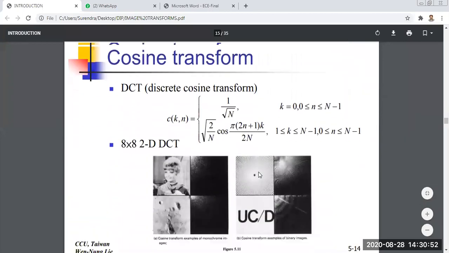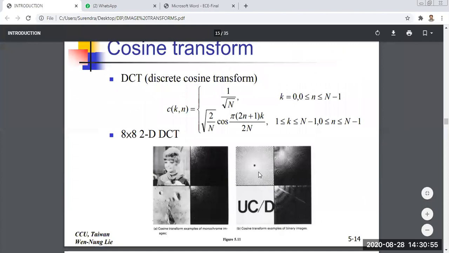Similarly, in cosine transform also, I am applying my cosine transform to two different images. The first one is a monochrome image, the second one is a binary image. Monochrome image means analog monochrome, black and white.